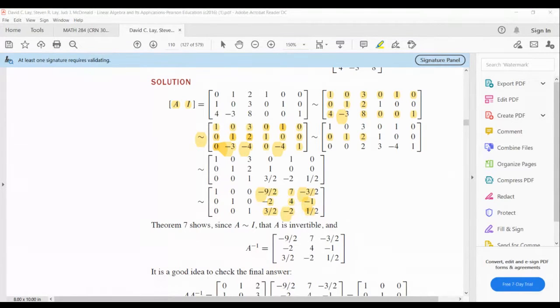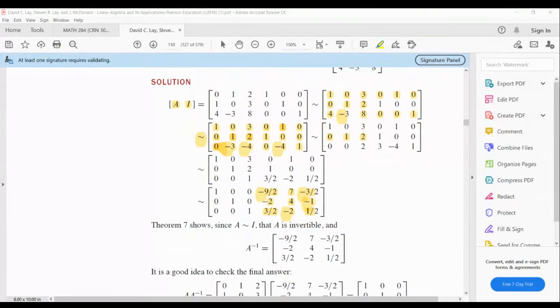So the point is that the row operations that you do to reduce the matrix A to the identity matrix are the same row operations that will convert the identity matrix into the inverse matrix, and that's how you find the inverse.